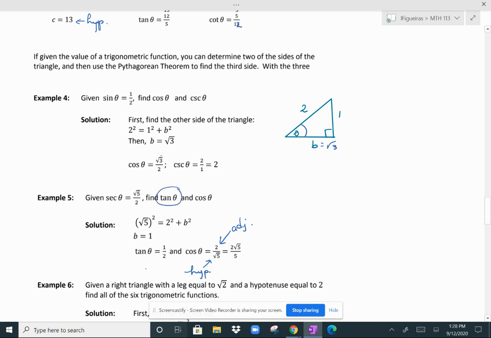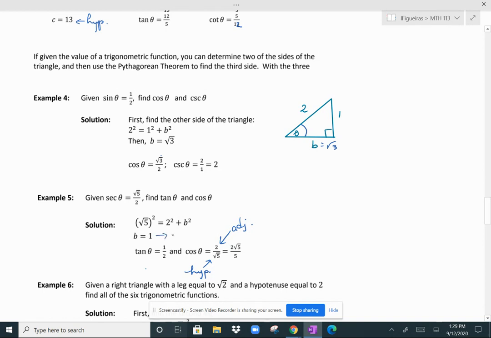That's the TOA part of that shortcut that I gave you. So I have to solve for what that other side is. So here I am solving for that side. Use the Pythagorean theorem. So I have root 5 squared equals 2 squared plus b squared. When you solve that, you get that b is equal to 1. So now I know that b is equal to 1, and that's your opposite side.